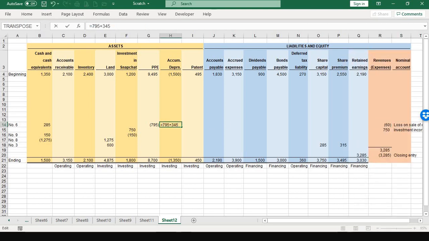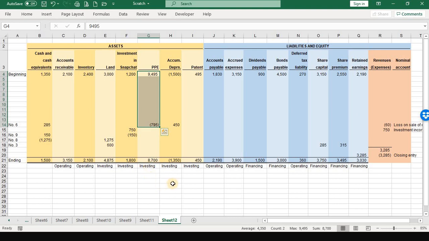So let's first change the sign, and the 450 should be debited, so it's positive. Now let's check the PPE account if the ending balance would be 8,700. So 9,495 less 795 is 8,700, which is also the ending balance for PPE.